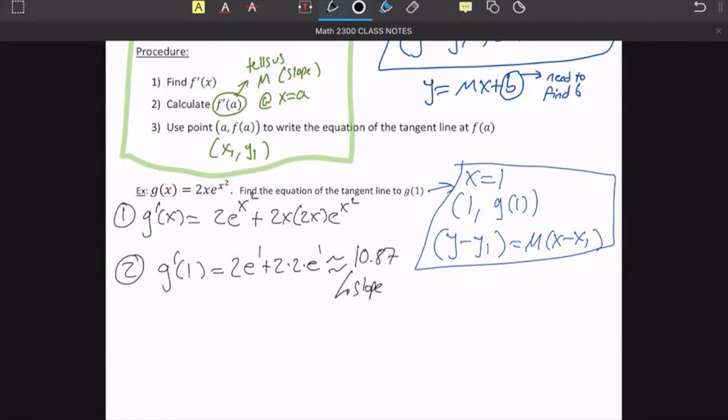All you have left to do is figure out the y value you need to use, which is just plugging 1 into g, and then put all the stuff into the point slope version of the line. Not too bad.